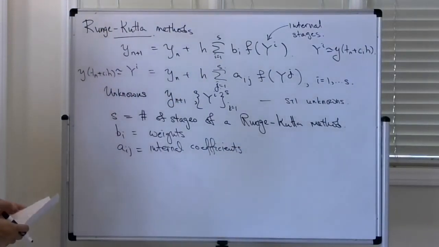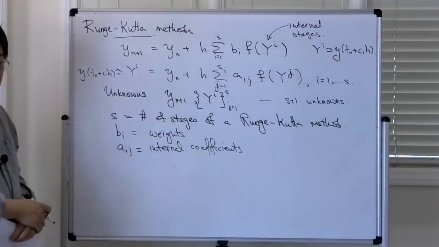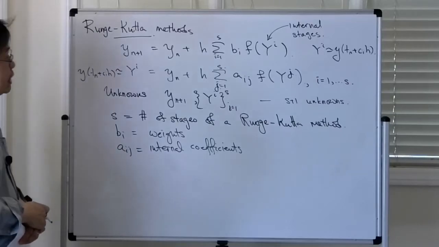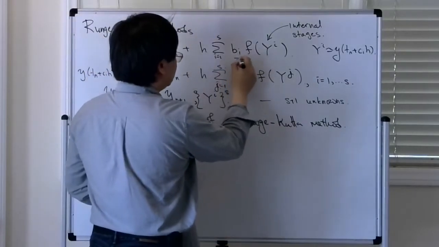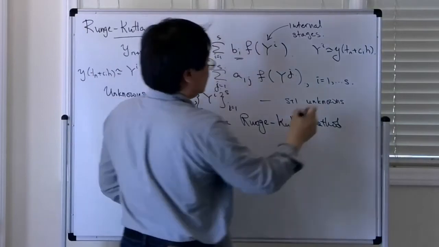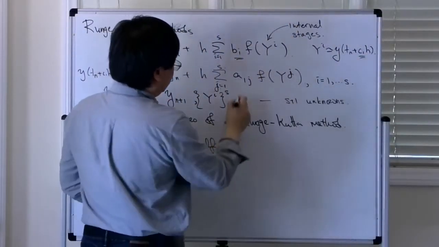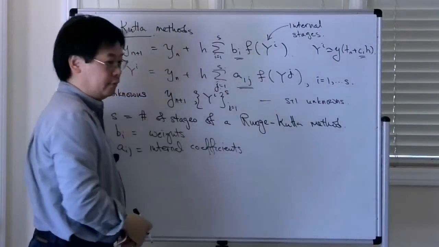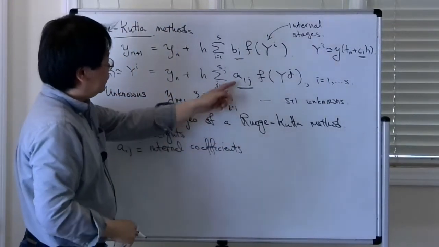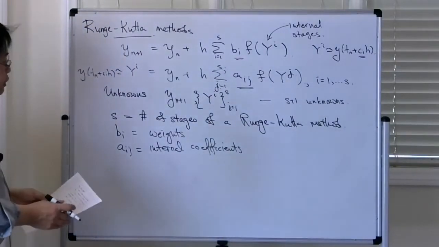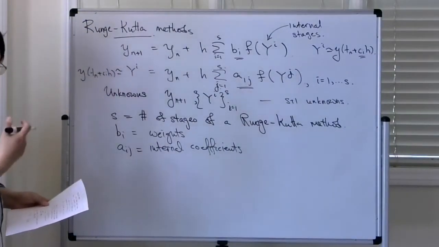So if you want to specify a Runge-Kutta method, you need the quadrature weights, the bi's, the quadrature points, the ci's, and this additional set of quadrature weights for the internal stages, which are the aij's.